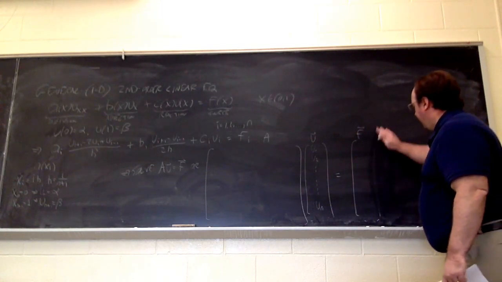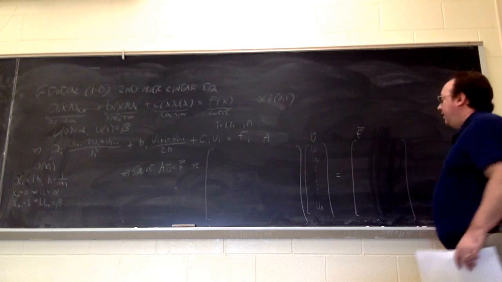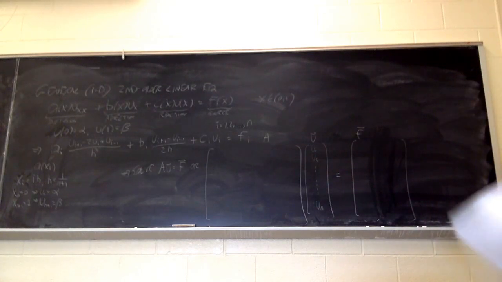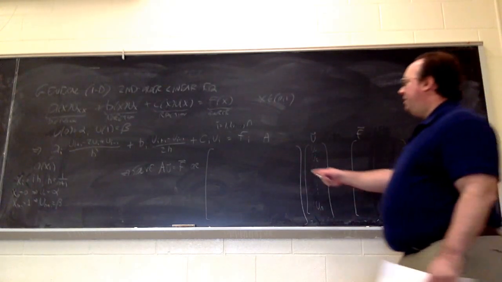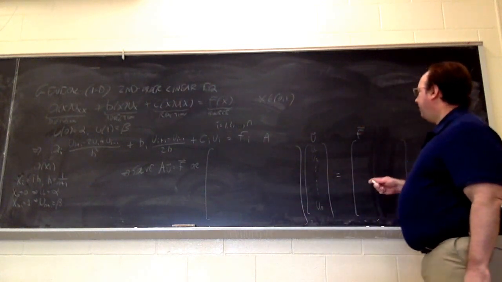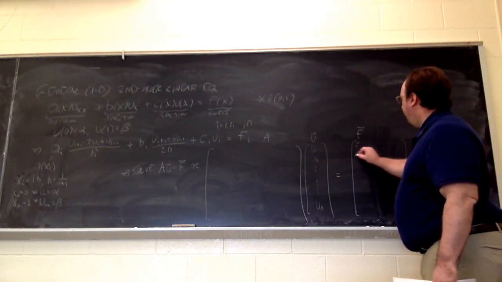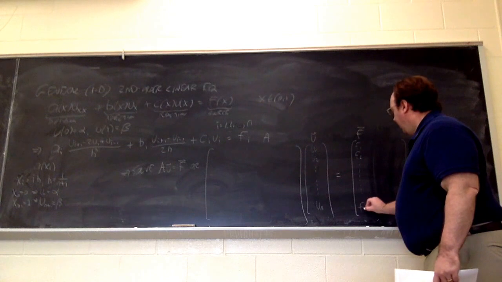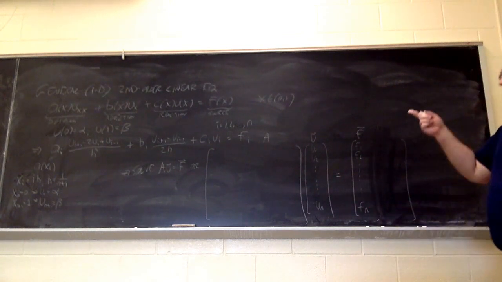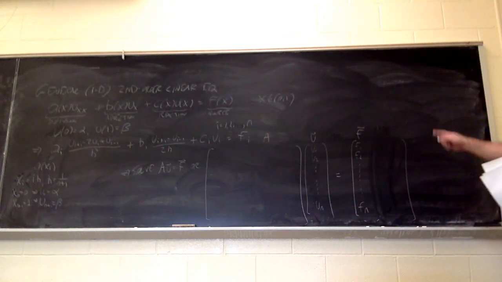I need to make a little more room here. Now, F, you can see from here that our right-hand side vector has to include f1, f2, and fn, just because of what's in the equations there. But I'm leaving space because for boundary terms, I'm going to need more than that.